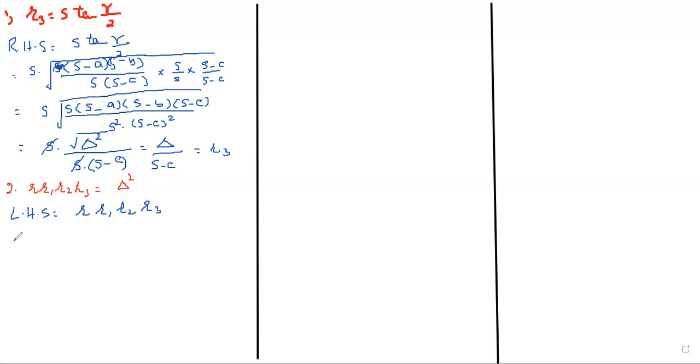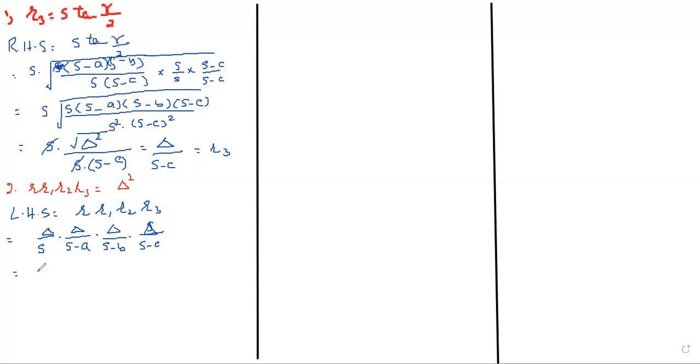We just substitute the values. This is delta over S, this is delta over S minus A, this is delta over S minus B, this is delta over S minus C.